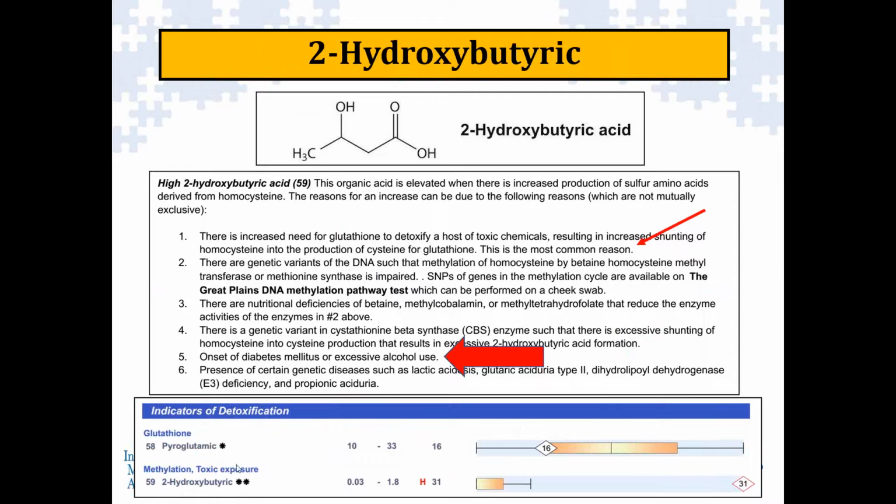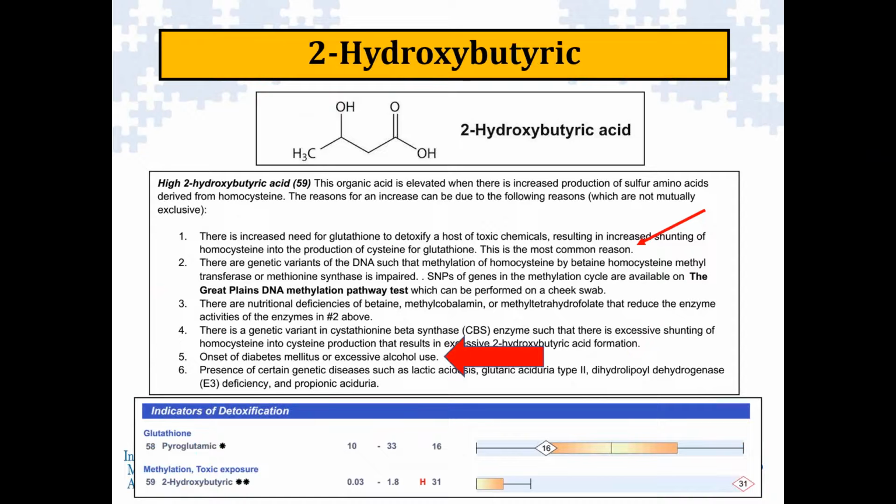Notice in this particular case, our pyroglutamic is totally normal. So if you remember, pyroglutamic is elevated when glutathione is deficient, but 2-hydroxybutyric can be elevated for many different reasons.